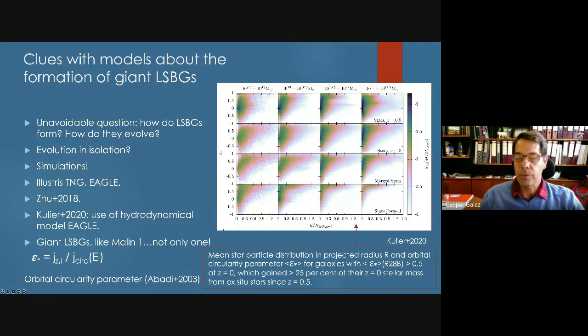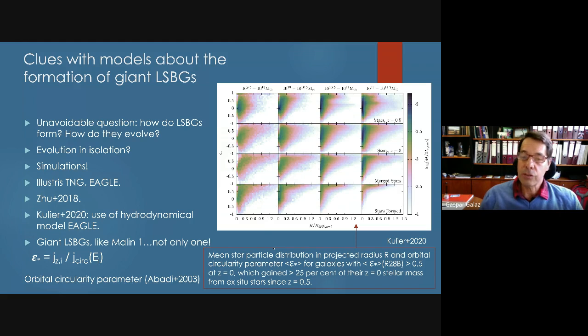You can compute the mean star particle distribution in projected radius, and also have this circularity parameter for galaxies that is defined like this. And Andrea defined a very interesting idea, which is the formation ex situ. That means a galaxy that has accreted most of its material, not in the site where the galaxy was born, but as a consequence of many merging episodes.